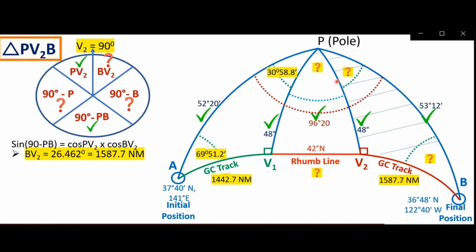Now we write down the formula for angle P of the triangle. So here is the formula, product of the tangent of the adjacents. Put the values. Angle P comes to 33 degrees, 58.9 minutes, and the value of the P goes into the diagram. Again, had the longitude of V2 been asked for, we could have applied this D long to the longitude of B to get the longitude of V2.